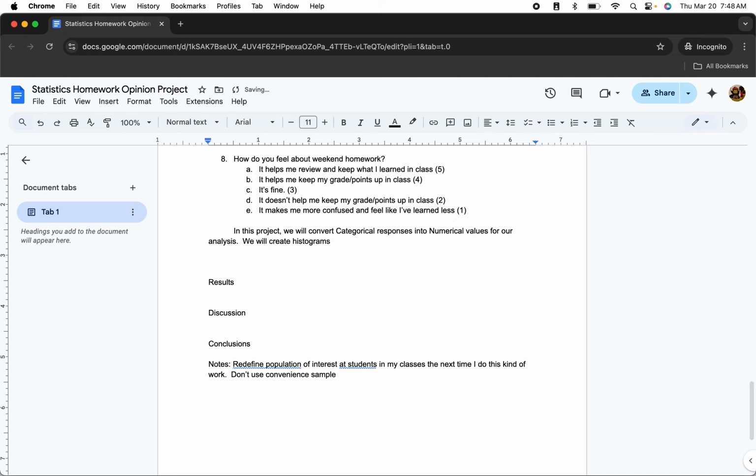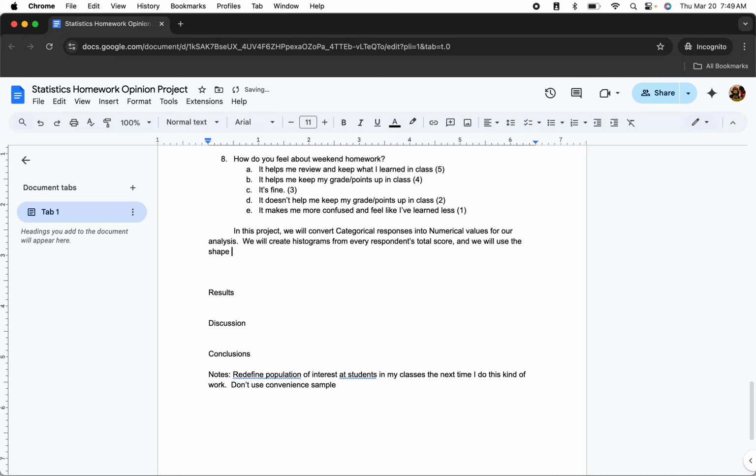We will create histograms from every respondent's total score, and we will use the shape of the histogram to determine the best measures of center and spread.